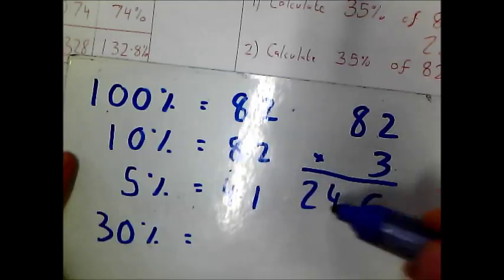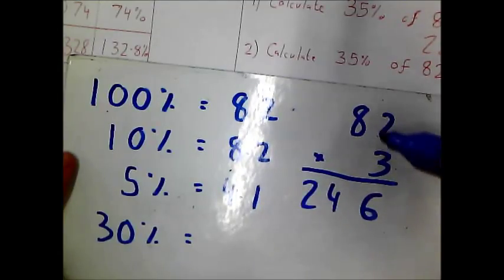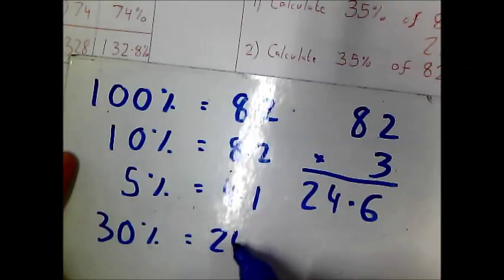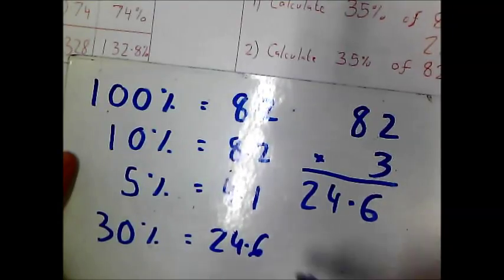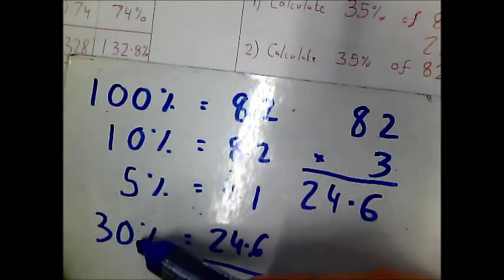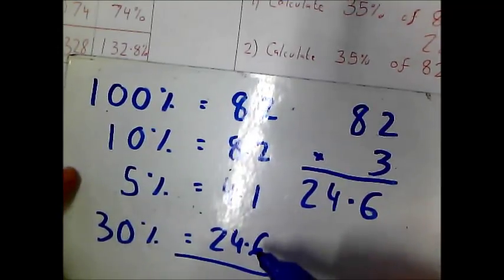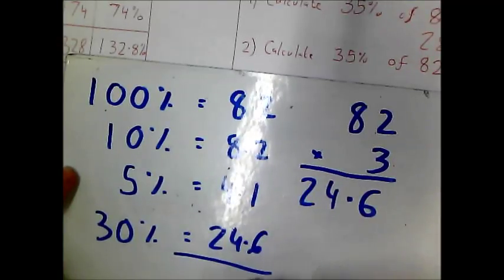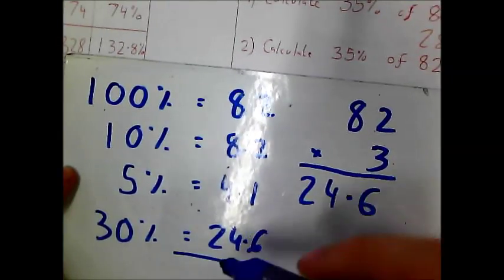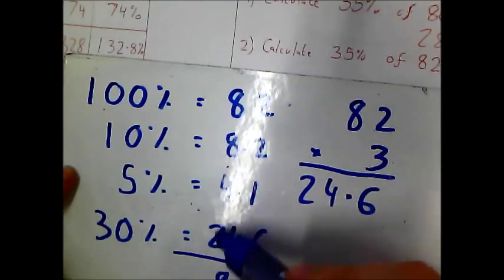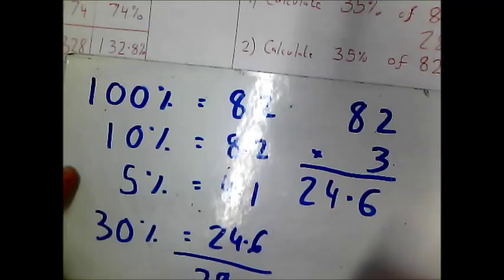But I want to do 8.2 times 3, so that's 10 times smaller. So that's going to be 24.6. Okay, and now add my 30% and my 5% to get 35%. So 6 tenths plus 1 tenth is 7 tenths, decimal point. 4 units plus 4 units is 8 units, and just 2 tens is 28.7 is our final answer.